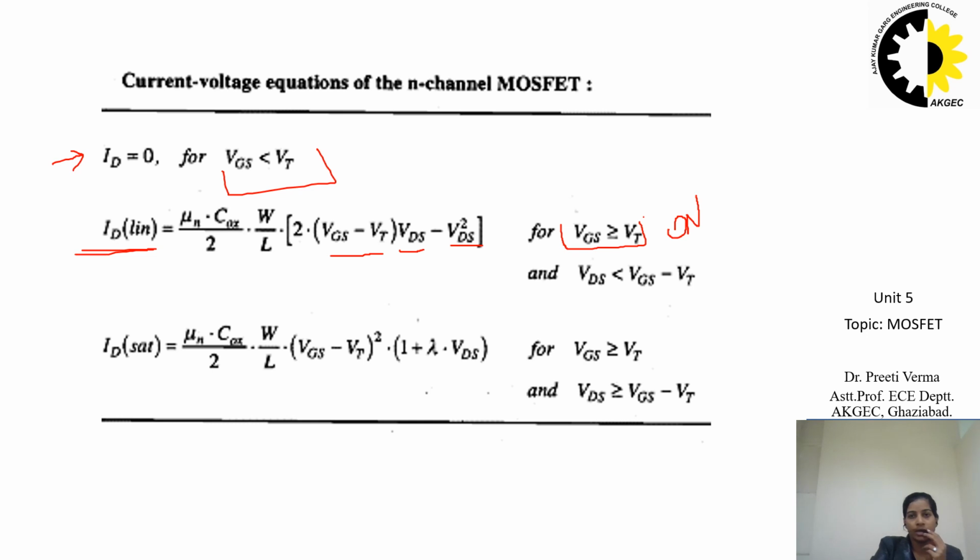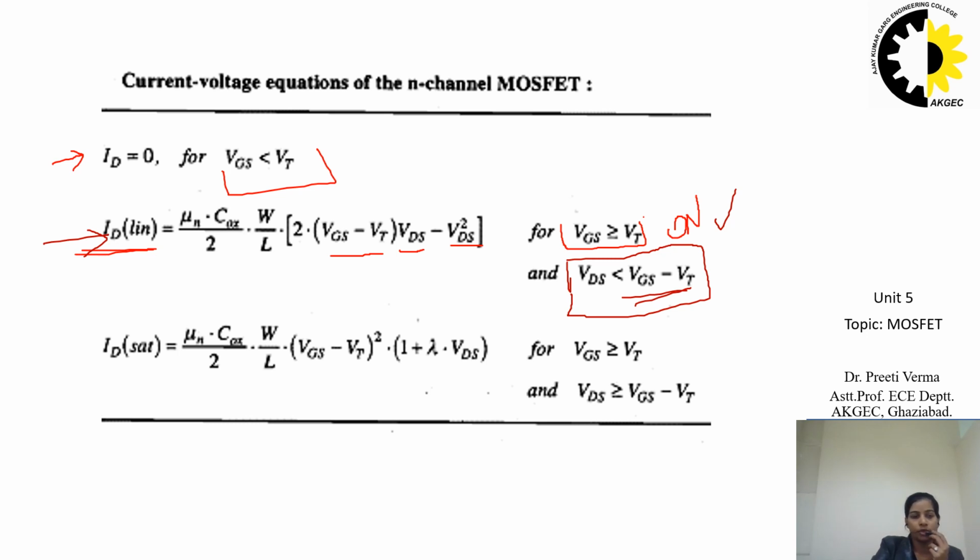The linear condition is that VDS should be less than VGS minus VT. So if the drain voltage applied is less than VGS minus VT and VGS is greater than VT, then the device will operate in linear mode of operation and the current equation is defined like this.